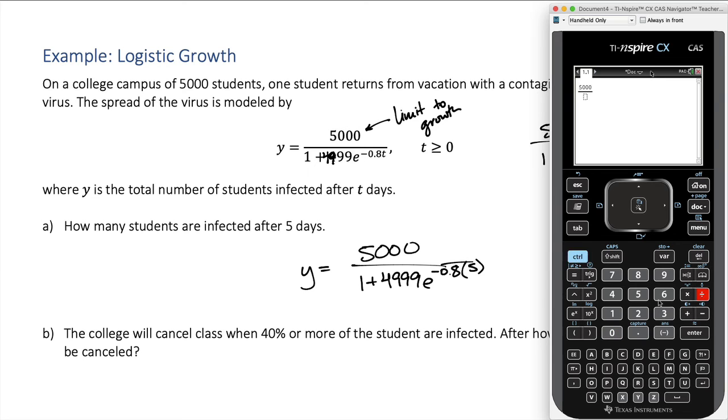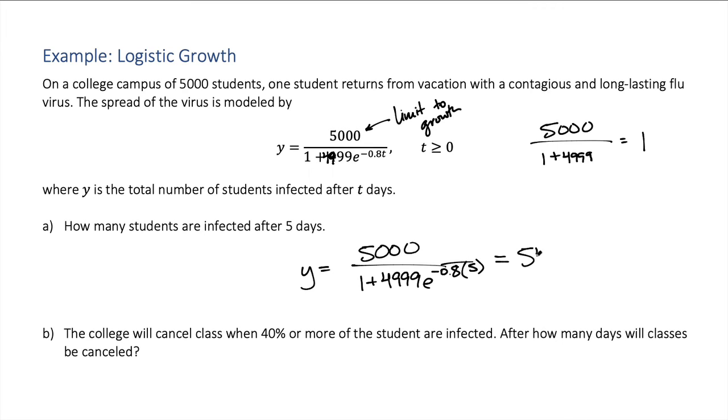Go ahead and hit enter, and of course, we're talking about number of people infected, so it only makes sense to have whole numbers. Rounding this to the nearest whole number, we get 54. So we would expect about 54 people to be infected after 5 days.